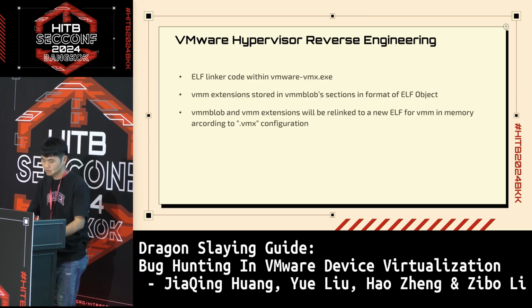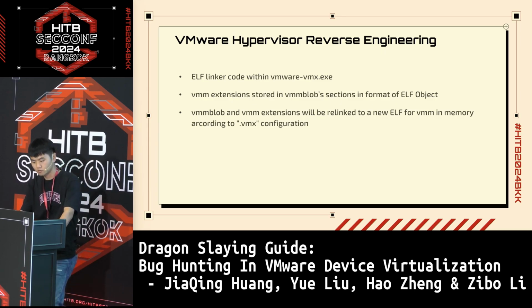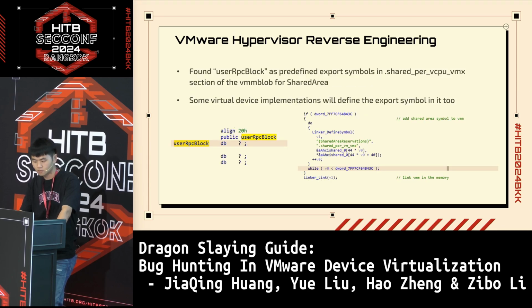By analyzing these codes, we can find that VMX will link the extensions with the VMM blob in memory to construct the actual VMM process according to the user's configuration. Also, we found that there are predefined export symbols such as the user RPC block, and the corresponding mapping arrays in another section.